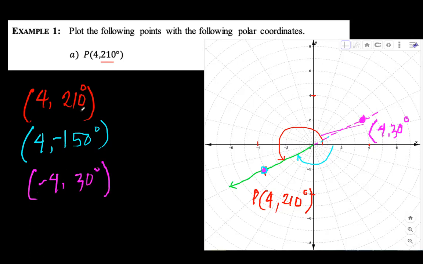All right. And these are some of the points that can be plotted in the coordinate plane, same as the given point P, the point P here. Okay, so there are actually infinite. You could use +2 pi, you could use +4 pi, and so on and so forth.